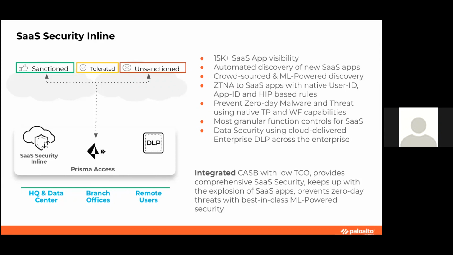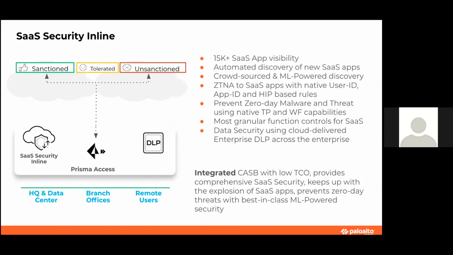SaaS security for inline traffic at cloud scale, by rapidly discovering, categorizing and controlling new SaaS applications natively without additional tools. As SaaS apps continue to proliferate in highly distributed enterprises, securing them with a traditional CASB is inadequate.